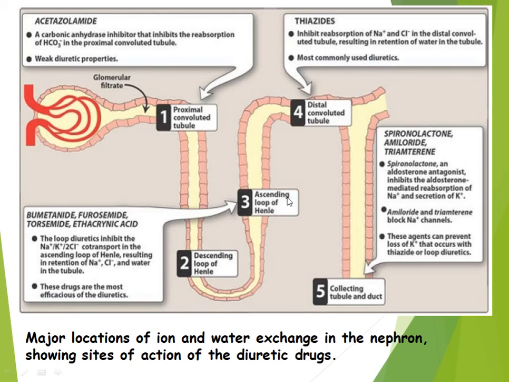Second is the loop of Henle, where the loop diuretics act: bumetanide, furosemide, and ethacrynic acid. Third is the distal convoluted tubule, where the thiazides act. Fourth is the collecting duct, where the examples are spironolactone and amiloride. These are the potassium-sparing diuretics.